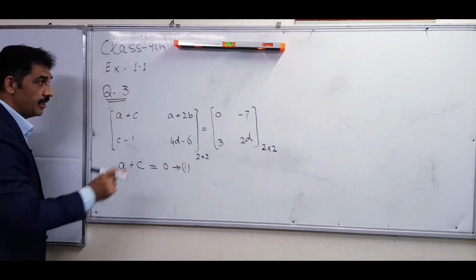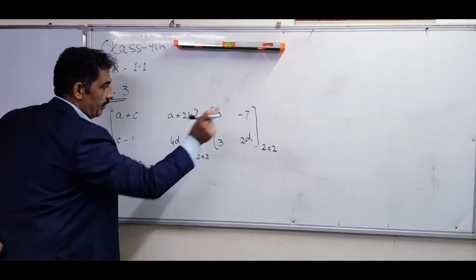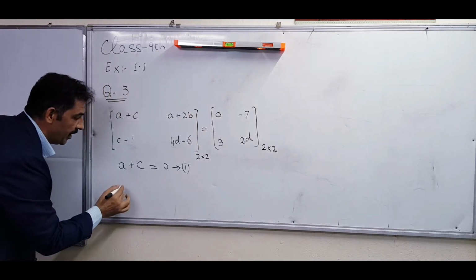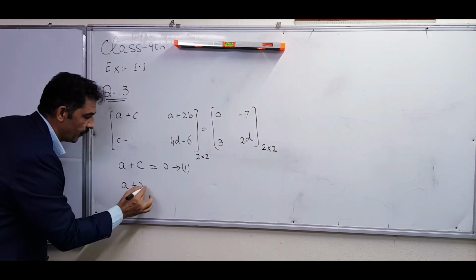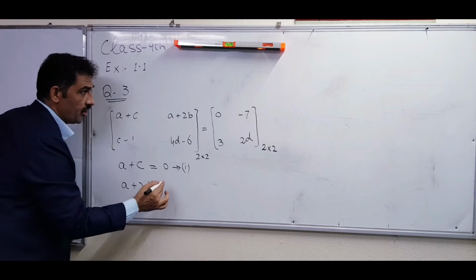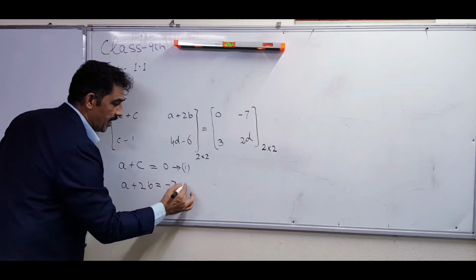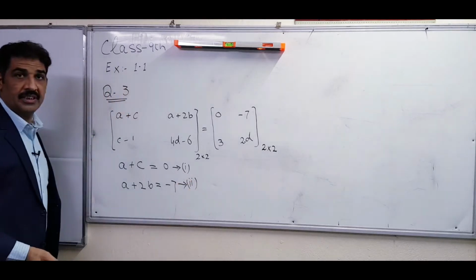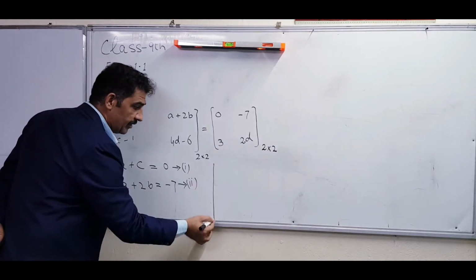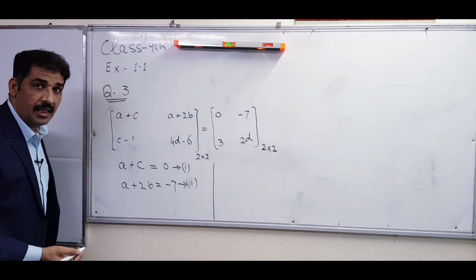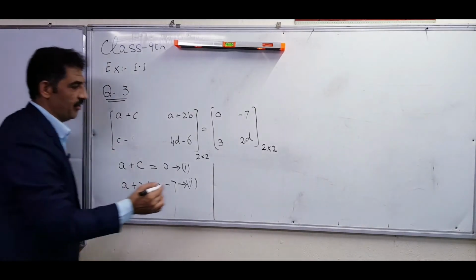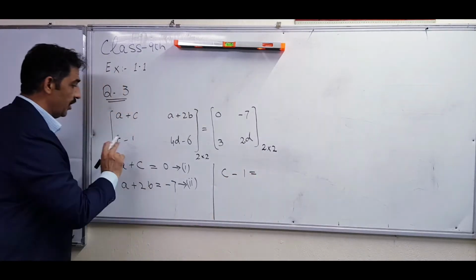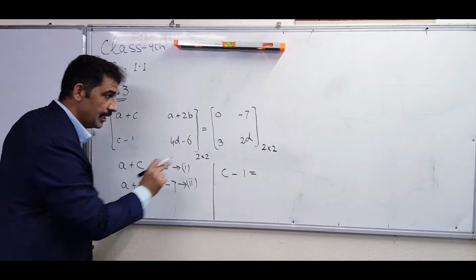Same with the second entry: first row, second element here, and first row, second element there. A plus 2B is equal to minus 7, and we will name it equation 2, right? In the same way, what is equation number 3? Good, C minus 1 is equal to whose element? 3.